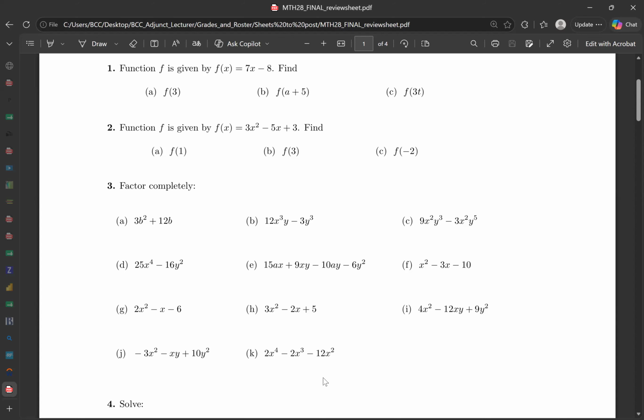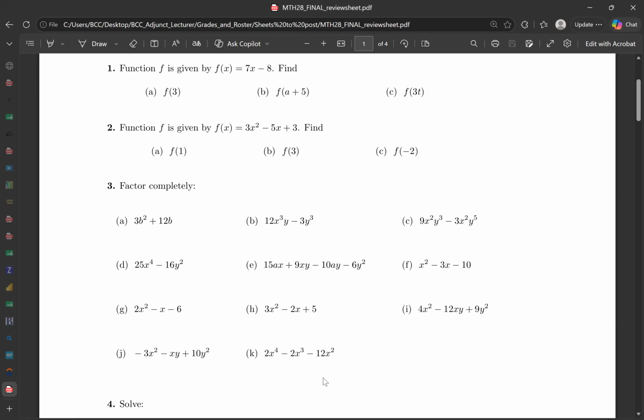Something that I noticed today is that most of the students, when they do these, they don't do the multiplication of the A. If it's a one, they just keep it, or they just do minus B over two and then square it.